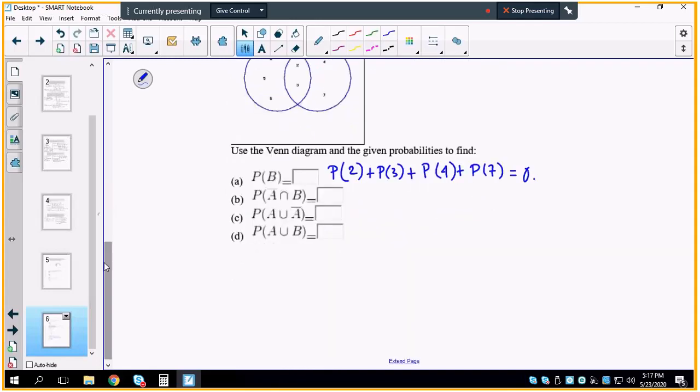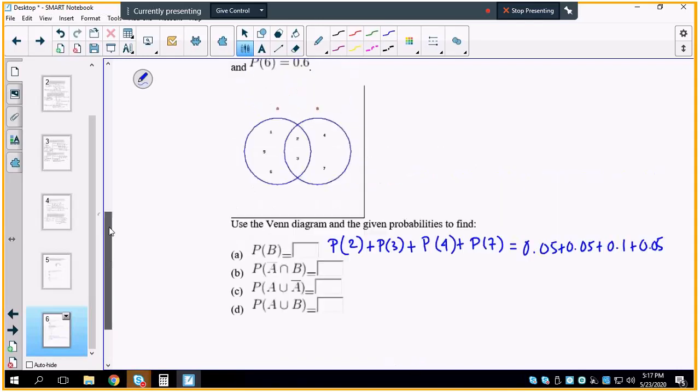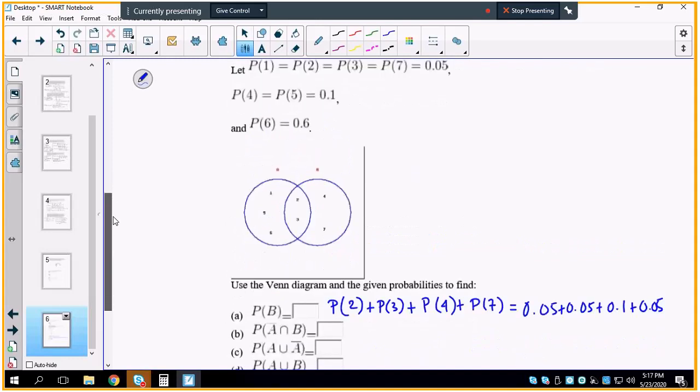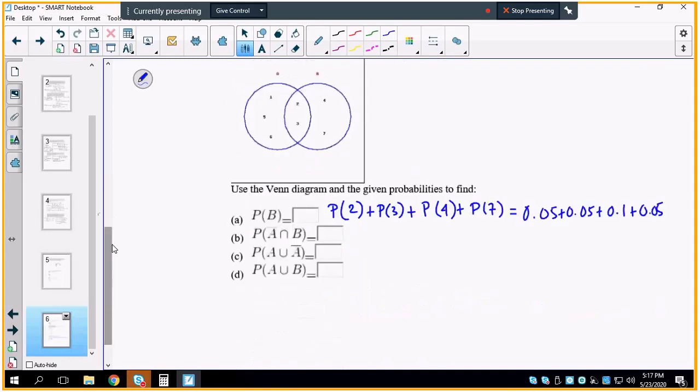So 0.05 plus 0.05 plus 0.1 plus 0.05. Only the probability of 4 is different. The other 3 are all 0.05. So I'm going to get probability of B equal to the sum of these, which is 0.25. Probability of A bar.